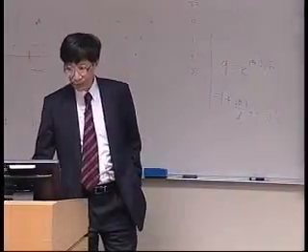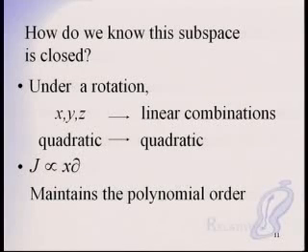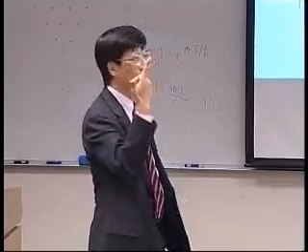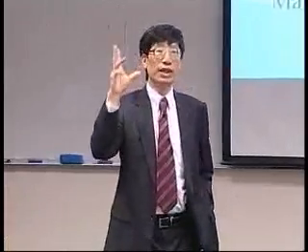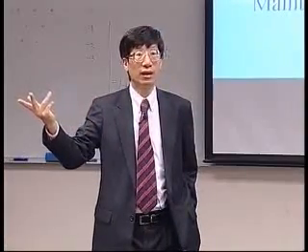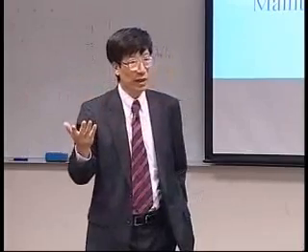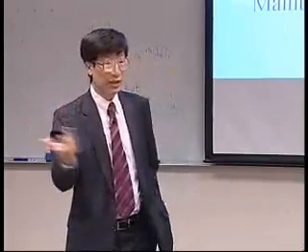How do you know? Well, there are 2 possible arguments. The first argument looks at it from the physical point of view, in fact, from the point of view of the G's. Because what is G? G is to rotate the function. When you rotate a function, if you start with, say, x, it becomes a linear combination of x, y, and z. So any one of x or y or z becomes a linear function of all the others.